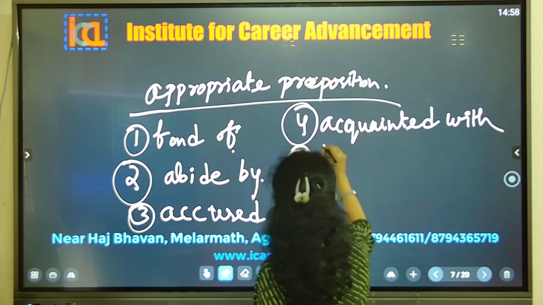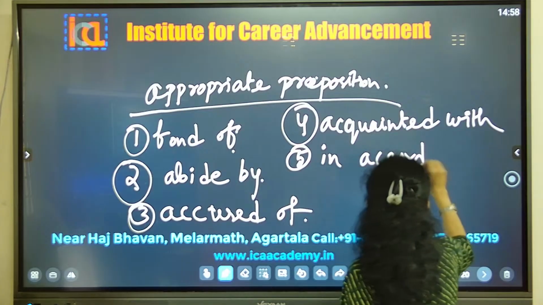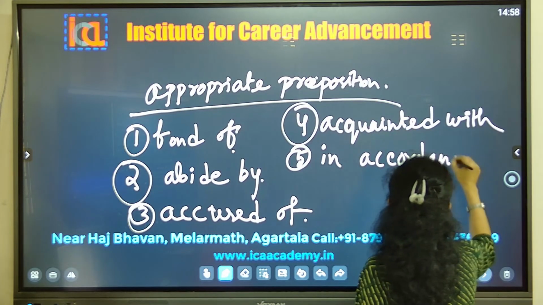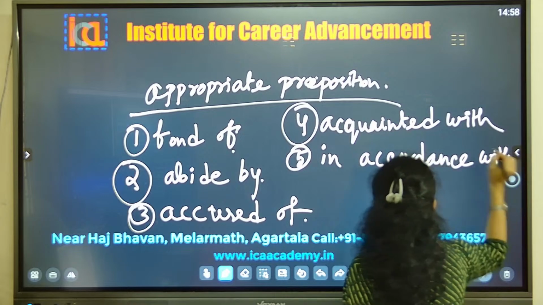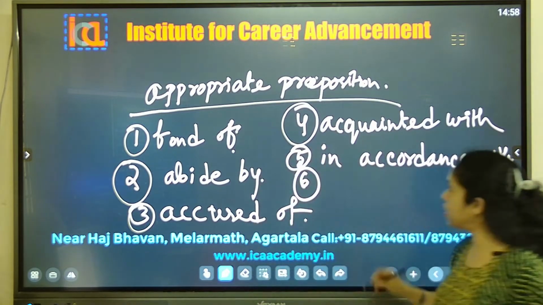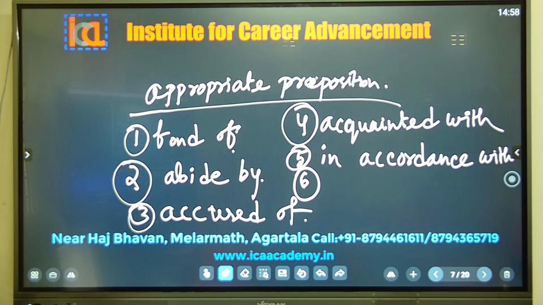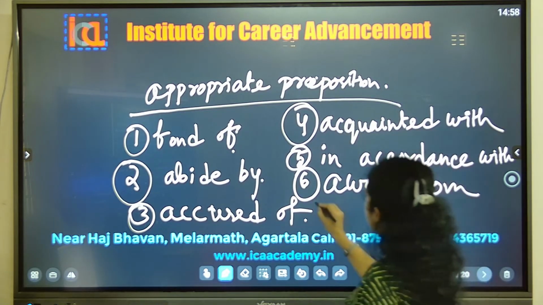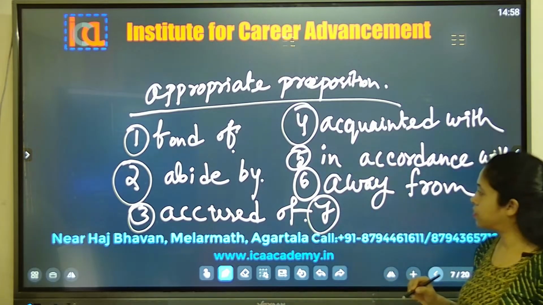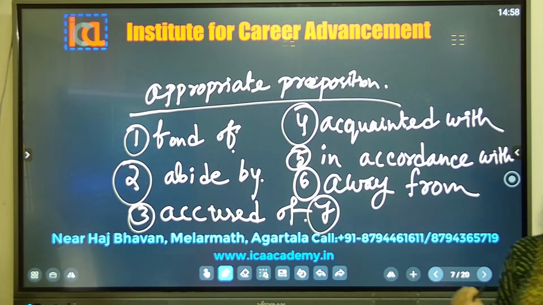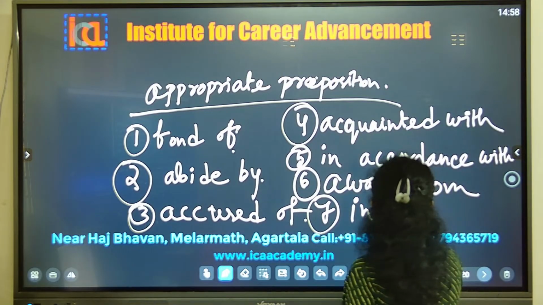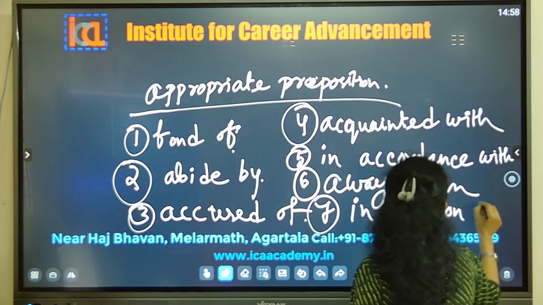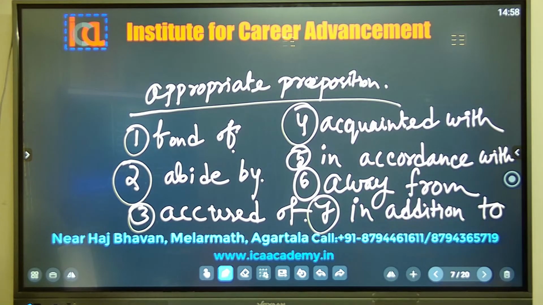Then in accordance with. See here, 2 prepositions are used. In accordance with. Then away from. In addition to.